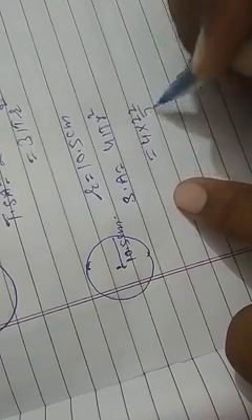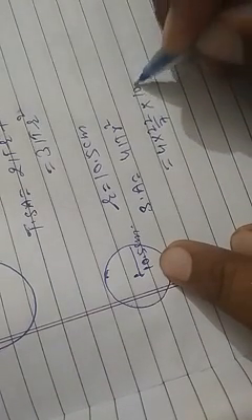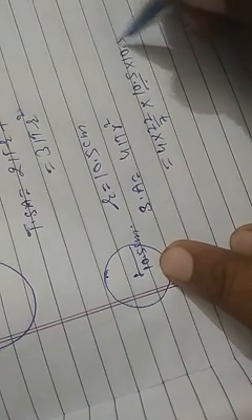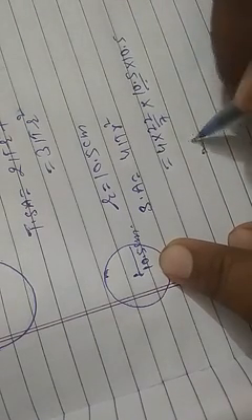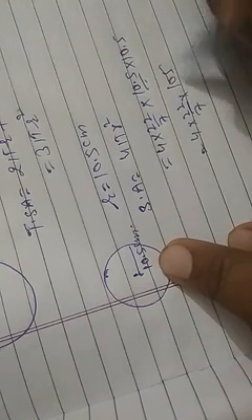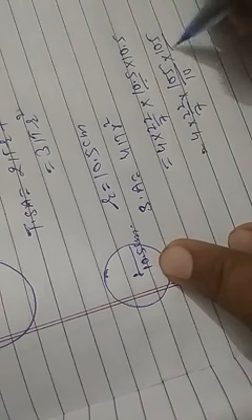Then for pi we take 22 by 7. It is given already. And r square means 10.5 into 10.5, and we remove the decimal point. Then 4 into 22 by 7 into 105 by 10, and this also by 10.